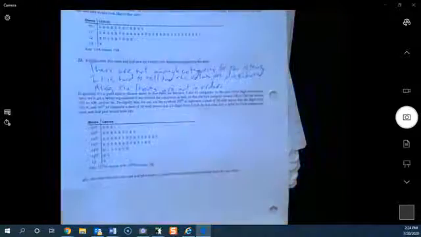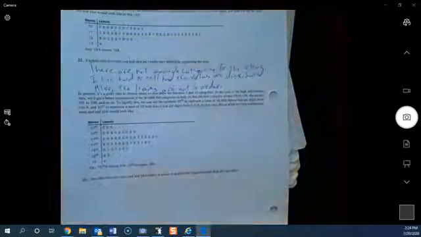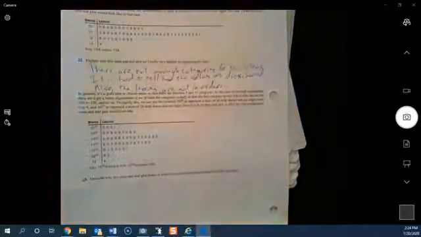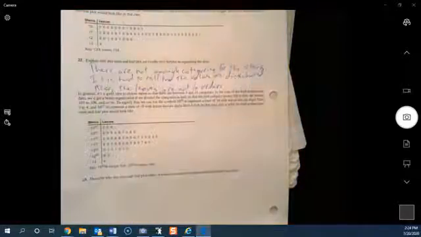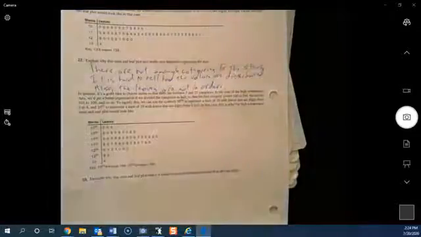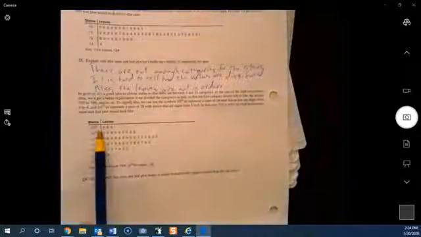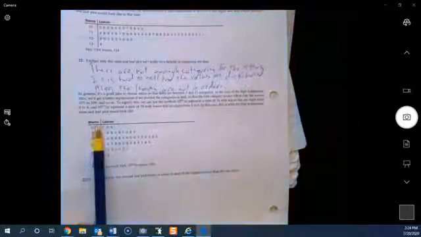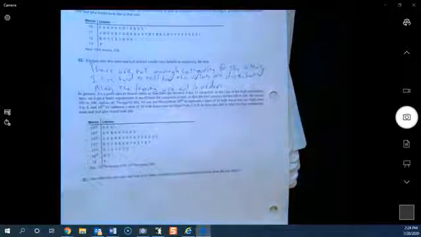To signify this, we can use the symbol 10 with a 0 in parentheses to represent a stem of 10 with leaves that are digits from 0 to 4, and 10 with a 5 in parentheses to represent a stem of 10 with leaves that are digits from 5 to 9. In that case, this is what the high temperature stem and leaf plot would look like. Now remember, these are not exponents in these parentheses. That's just signifying that this is from 100 to 104, 105 to 109, and so on.